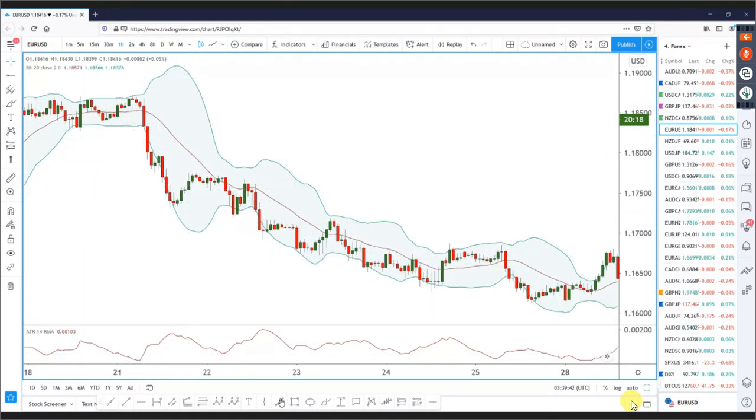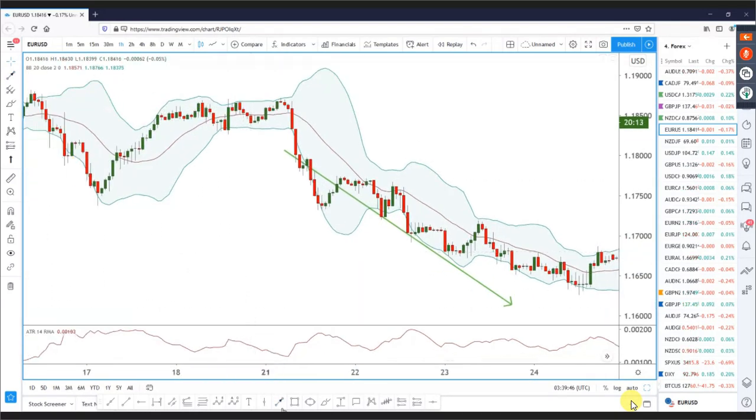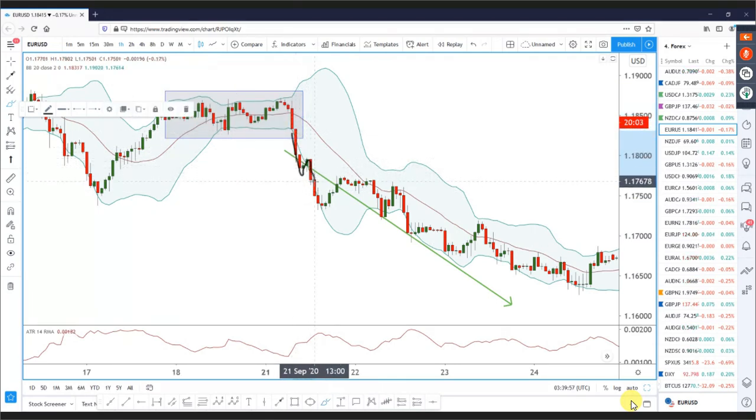So this is a very beautiful trend downwards after this squeeze right here. So if it was me, I would wait for the breakout, maybe a little retest before going down.